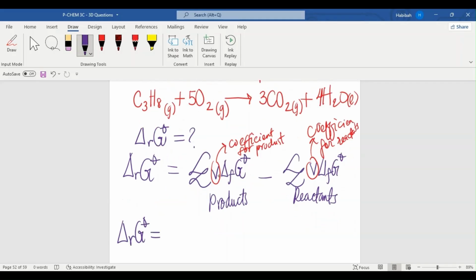So next, we're going to apply this formula to this particular chemical equation. So you have the standard formation for the product side.